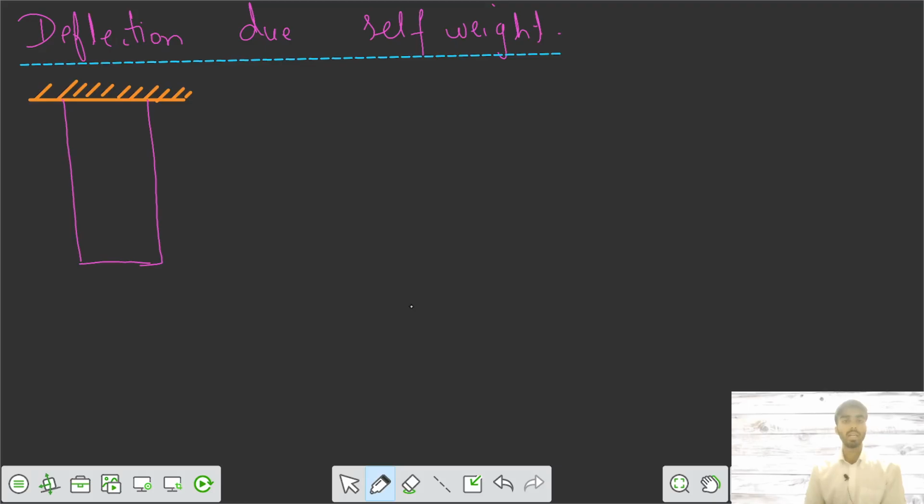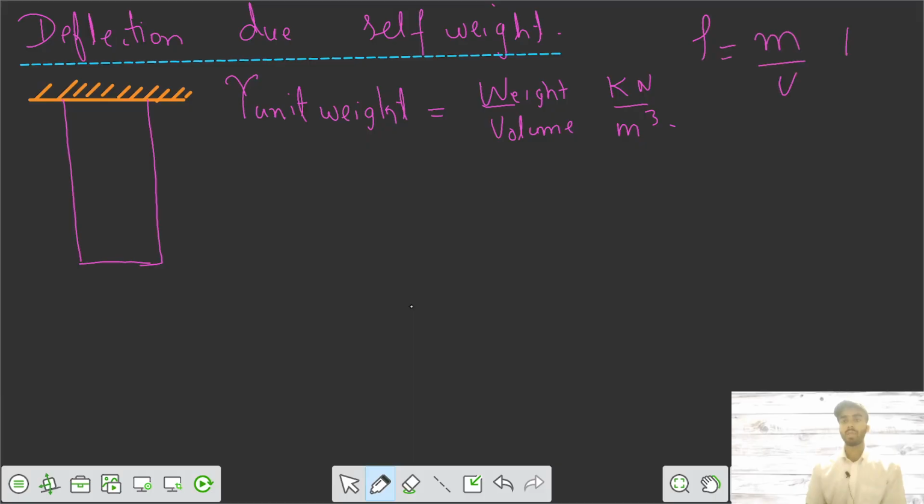Say the bar is of steel. Its unit weight is gamma. We represent it as gamma, which equals weight upon volume. Say weight is in kilonewton, volume is in meter cube. You know density is mass per unit volume, kg per meter cube. If you multiply it with g, you will get gamma. So say unit weight is gamma, and you have length L and cross-sectional area A.